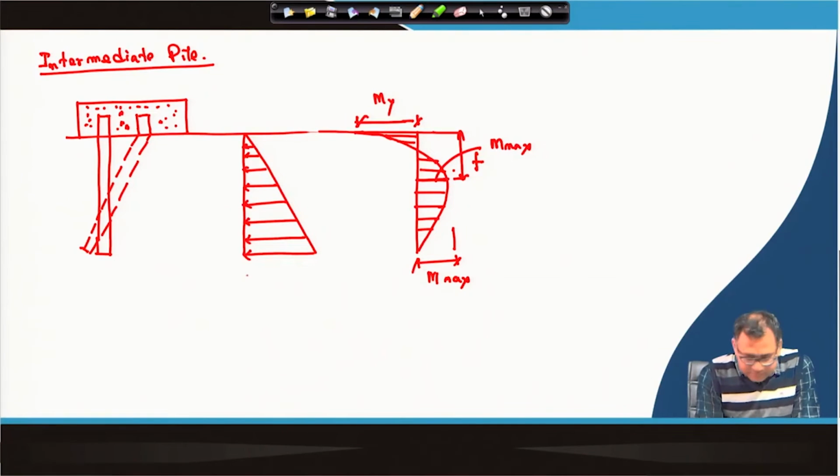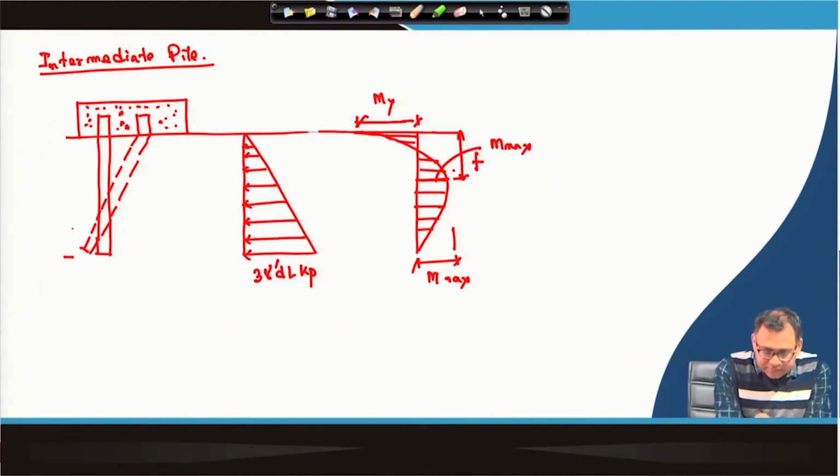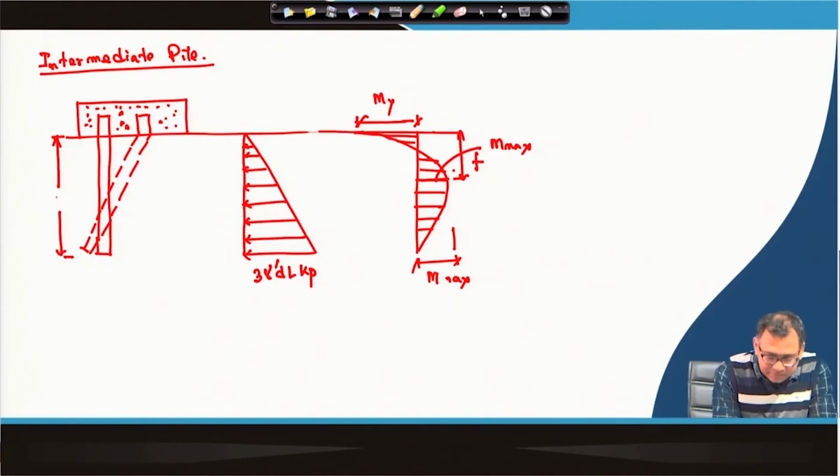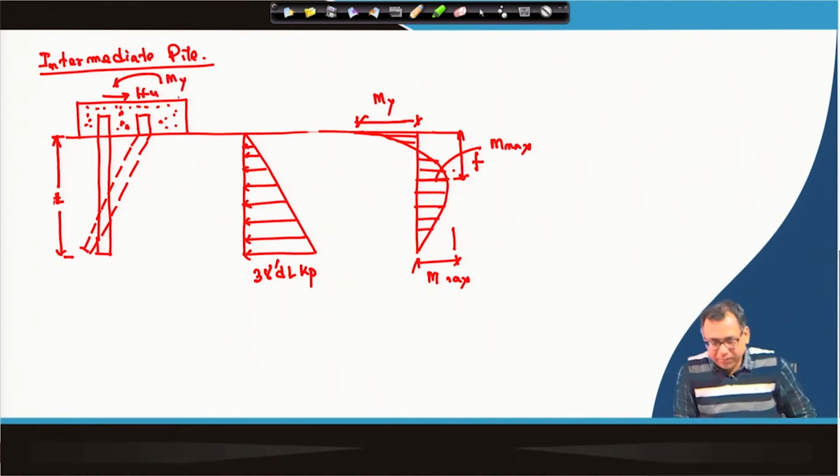And this is obviously again 3 gamma dash d L K p, because this is L. So, there will be Hu and there will be M y.